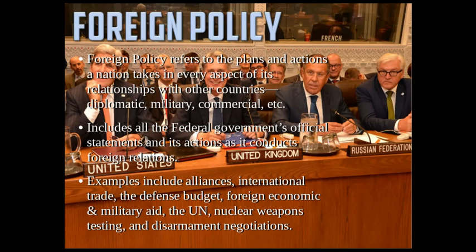So examples include alliances, international trade, the defense budget. We talked quite a bit about that yesterday. Foreign economic and military aid, the UN, nuclear weapons testing, and disarmament negotiations.